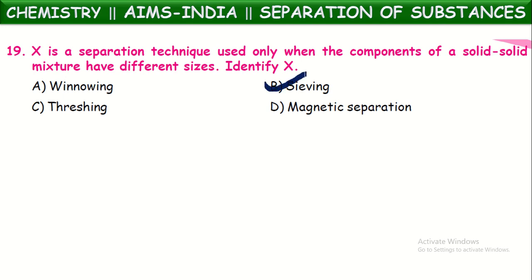Sieving, isn't it? So the insects and some dust particles, or grains, whatever are there in the flour, all will be separated from the flour by sieving it. So big sized particles will remain in the sieve, small sized flour particles all will come down. So their size difference is used in the sieving process.